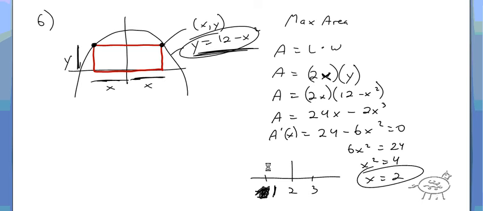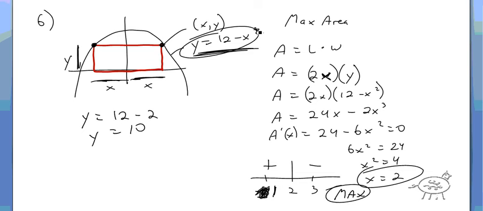We test it and we get plus here and a minus here, so that makes it a max, which is exactly what we're looking for. They ask us again, what is the largest area the rectangle can have? Well, x is 2, and what we have to do is find the value of y. So y is equal to 12 minus 2 squared, so y equals 10.